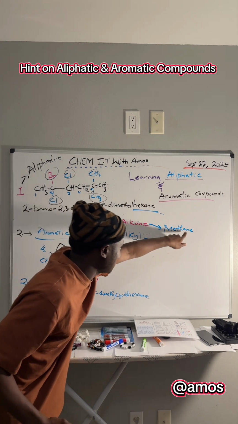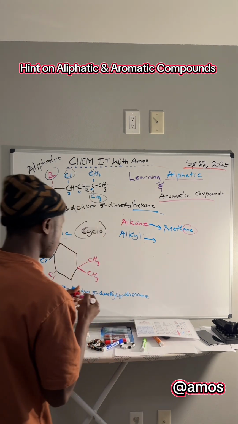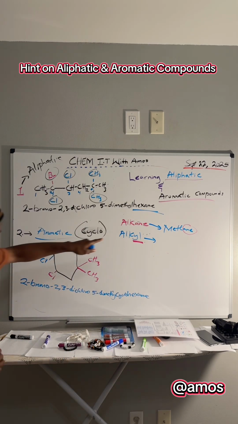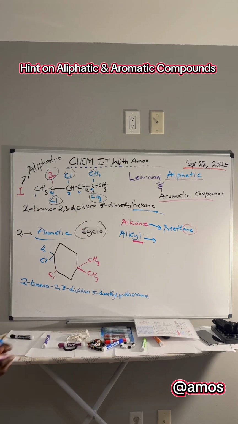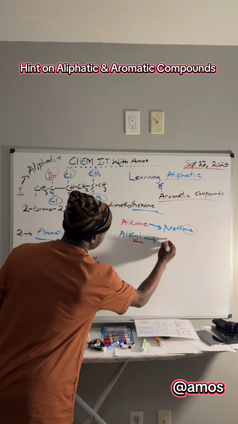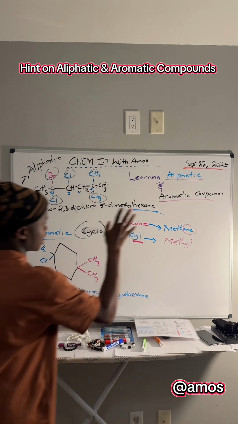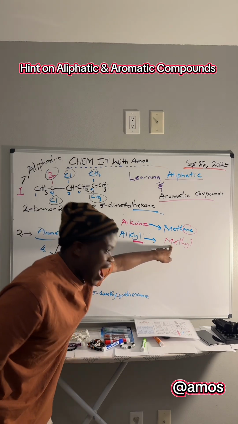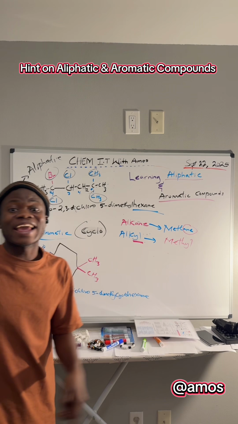Instead of saying methane, you will drop this ANE and replace it with what we call YL. Remember, it starts with ALK, the same thing here, but it ends differently, as ANE and YL. So this will be methyl. If this acts as a branch or a substituent, it is referred to as an alkyl group.